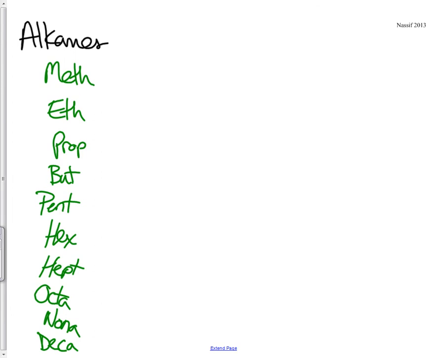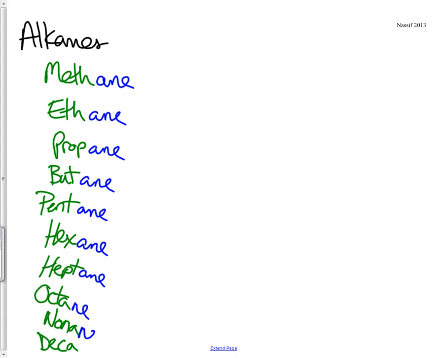Now, keep in mind, these are just your basic prefixes. If we're naming alkanes, this would just be methane, ethane, propane, butane, pentane, hexane, heptane, octane, nonane, and decane.